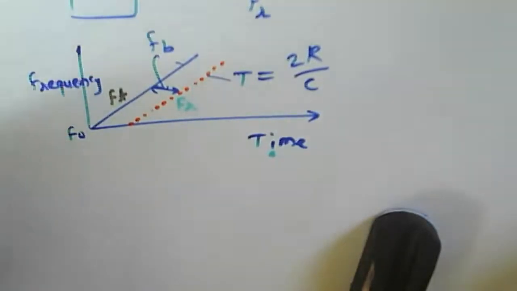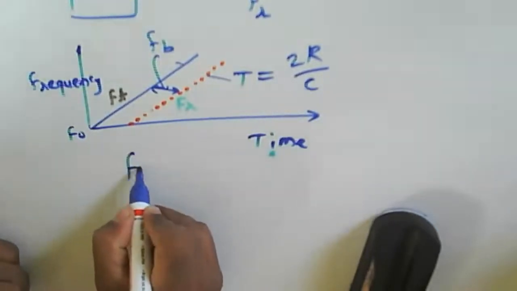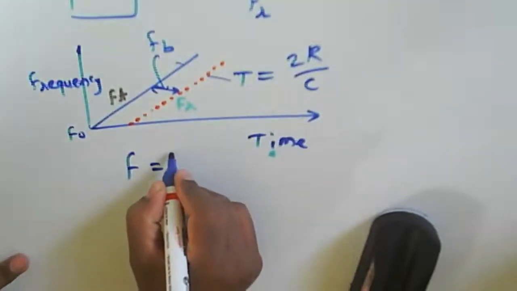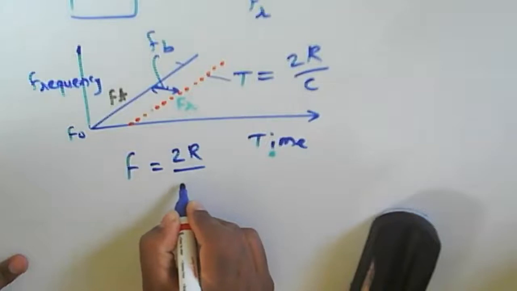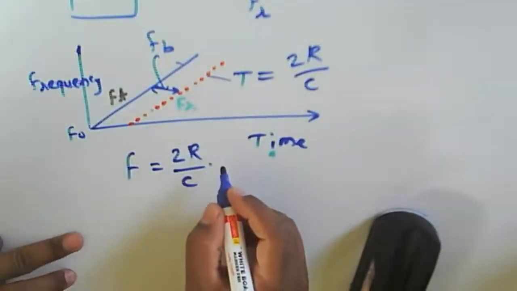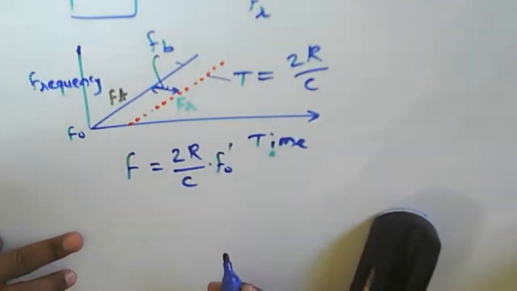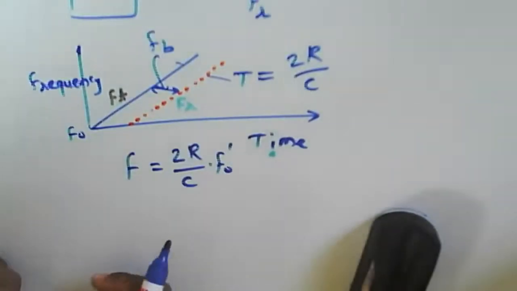So in that case, we can write here the beat frequency is equal to what will be the time here. With respect to that, what will be the change in the carrier frequency? What will be the change in the carrier frequency?